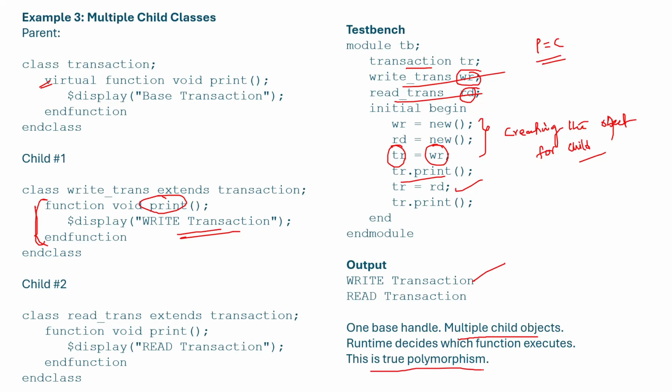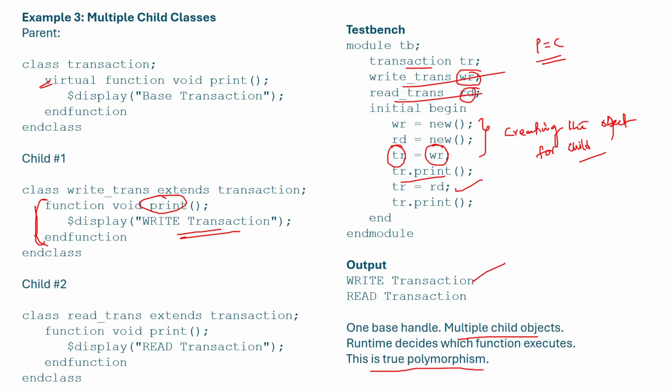Understood. Polymorphism and then virtual method. Virtual method is the important one. If you are taking the virtual method, then it decides who is getting at the output side. Obviously child class only, if you are creating the object for the child.